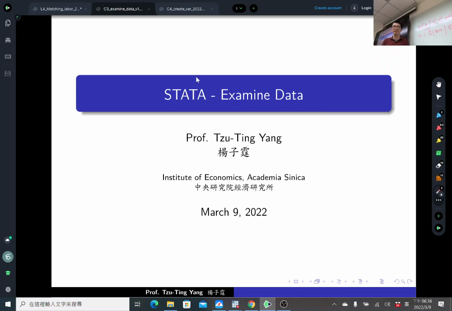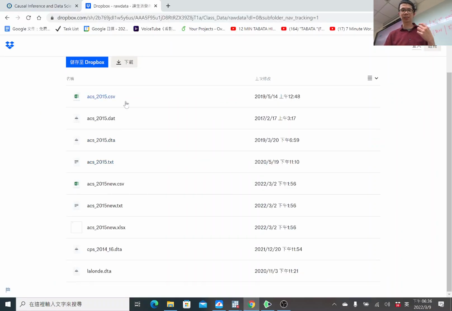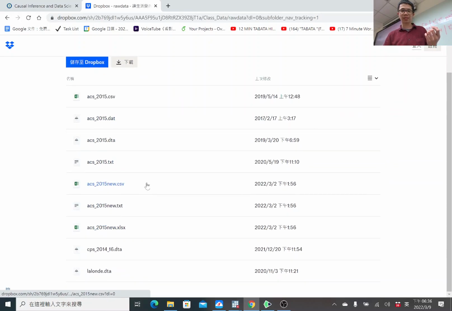You can use some commands to do that. So you can see these two files, the C3 exam data. You can again download it from the link. And also the data set you might need to download, like this one, CPS. Okay.